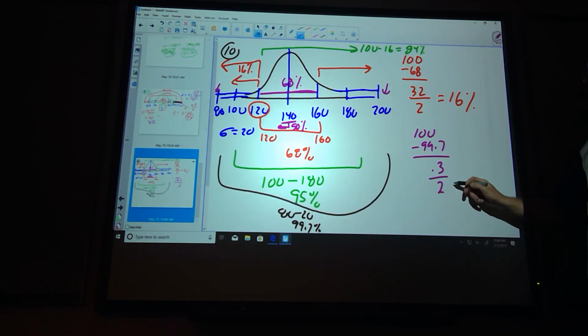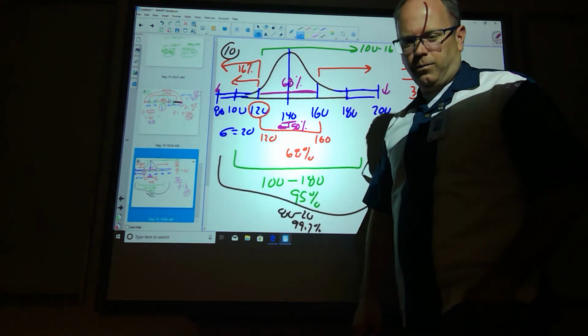If I divide 0.3 by 2, so that's 3 over 20. What's 3 divided by 20? 0.15. So we have a 0.15 chance that we have less than 80 coins in there.